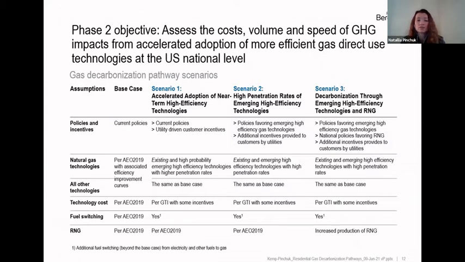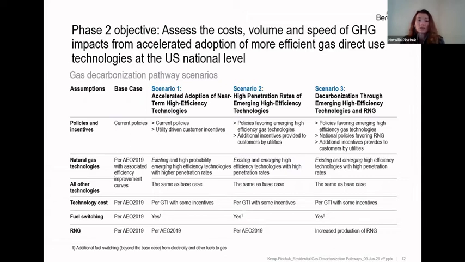And we selected really 1 or 2 at most technologies. And we know in the real world, there are probably going to be a lot more. But for modeling purposes, we just wanted to select 1 or 2 that are really representative of what's going to be in the real world, that we can measure the impact.